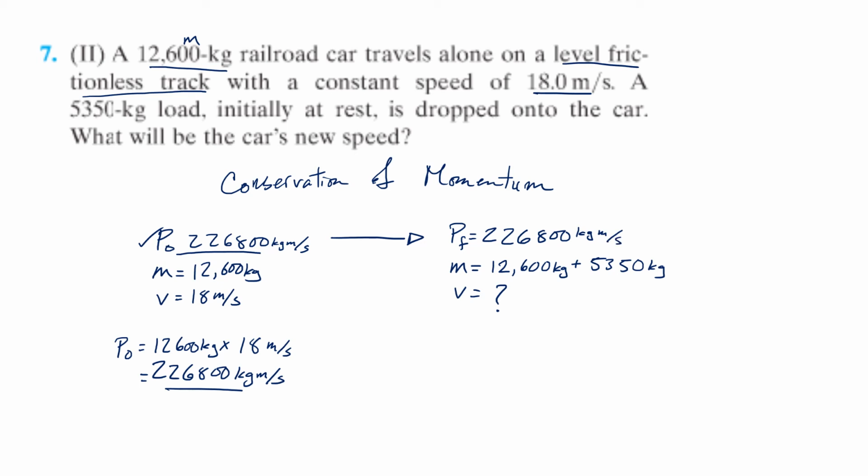So now finding v becomes pretty easy, because I know that p final is equal to mass times velocity final. So that means the velocity final is equal to the final momentum divided by our new mass. So let's just plug it in: 226,800 kilogram meters a second divided by our new mass.